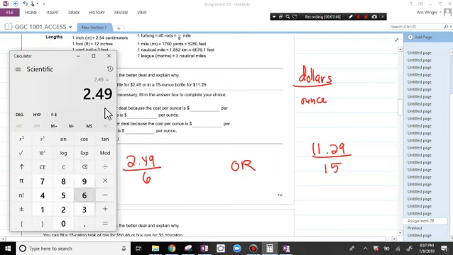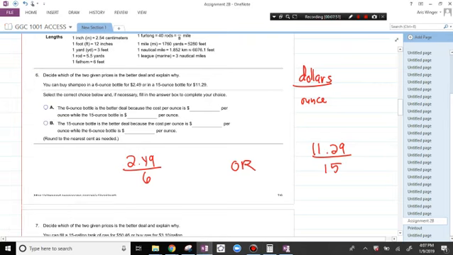$2.49 divided by 6 ounces is 0.415, and it's dollars per ounce.